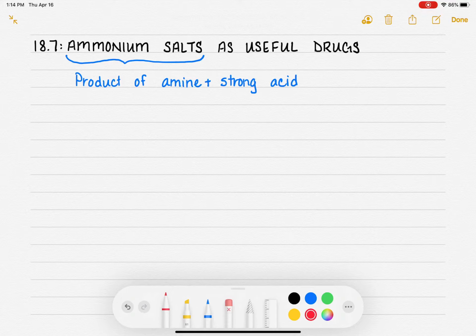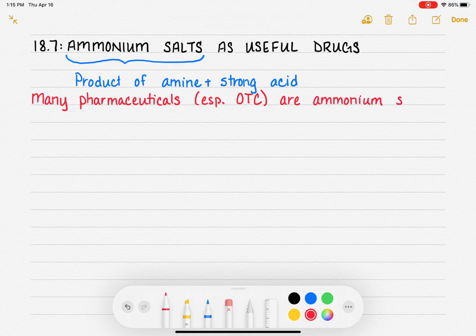Many pharmaceuticals are ammonium salts. This is especially true for over-the-counter, OTC, medicines.